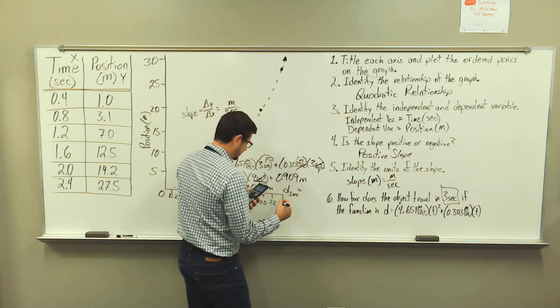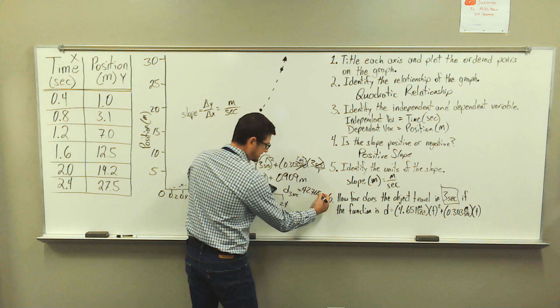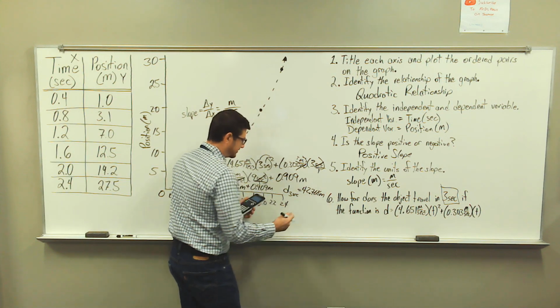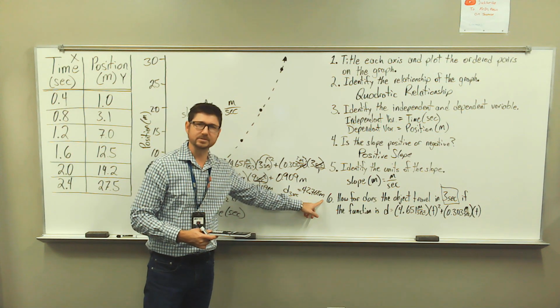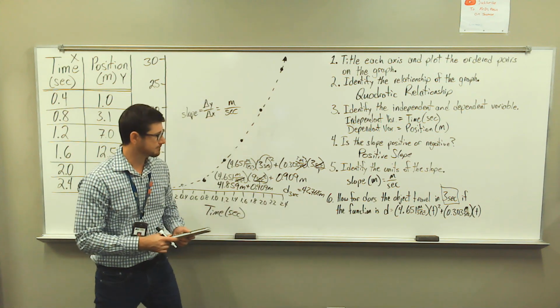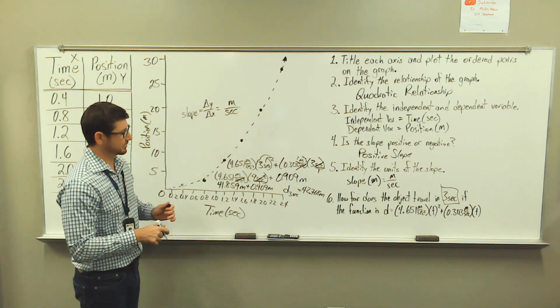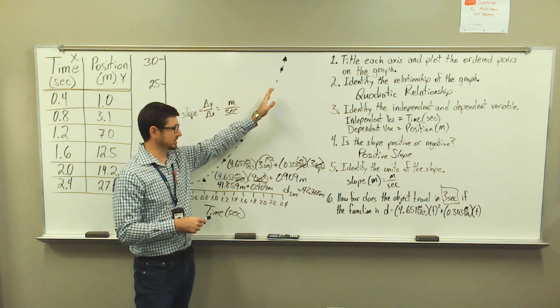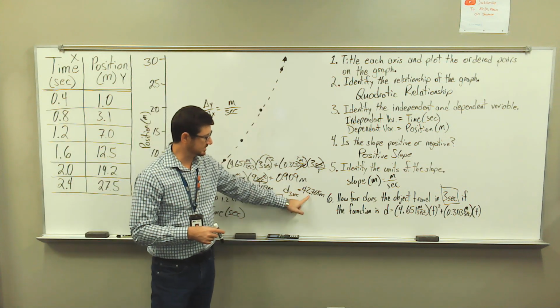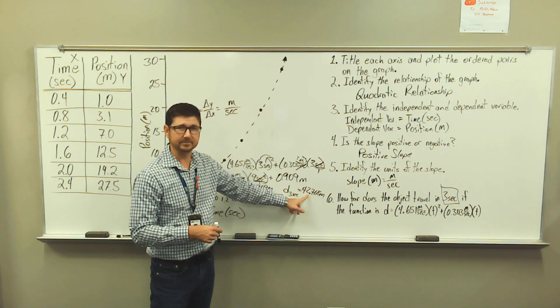Position at 3 seconds is equal to 42.768, and we have units of meters because meters plus meters is equal to meters. Okay? All right, so after this object travels for 3 seconds, and we have a quadratic relationship here, at 3 seconds, the object is in a position of 42.768 meters.